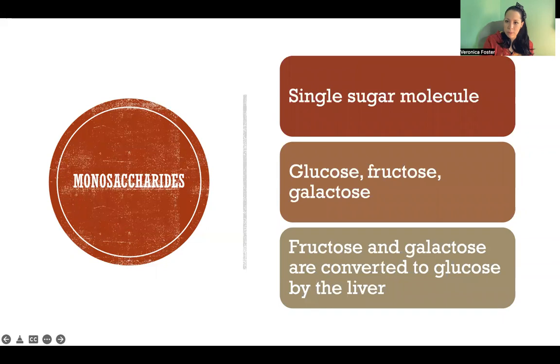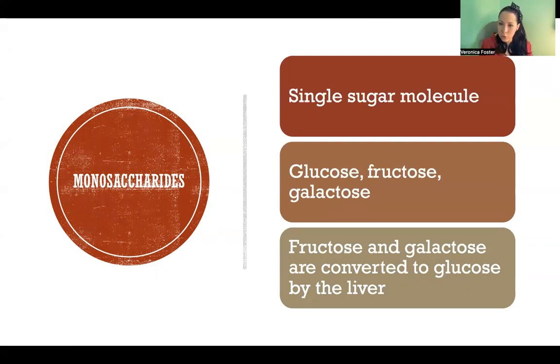So starting with monosaccharides. Mono meaning one. So a monosaccharide is just a single sugar molecule, a single saccharide. Those include glucose, fructose, and galactose. When we consume glucose just as a monosaccharide, so individual molecules of glucose, we can just absorb those readily.